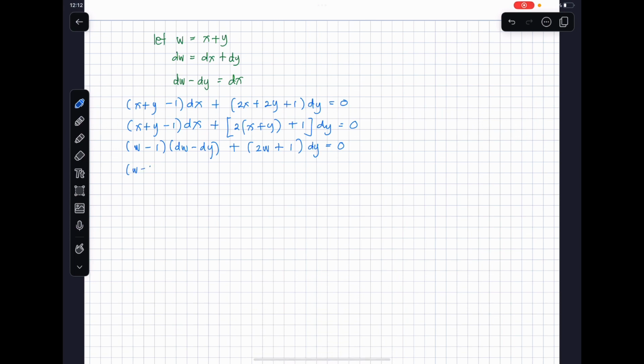So we have w minus 1 dw, minus w minus 1 dy, plus 2w plus 1 dy is equal to 0. For dy, I have negative w and positive 2w, so that means plus w. Then negative and negative, that is positive 1, then positive 1 as well, so that would make it plus 2 dy is equal to 0.